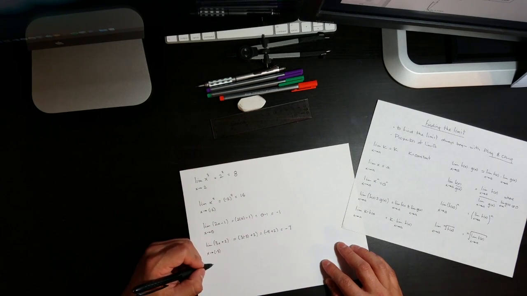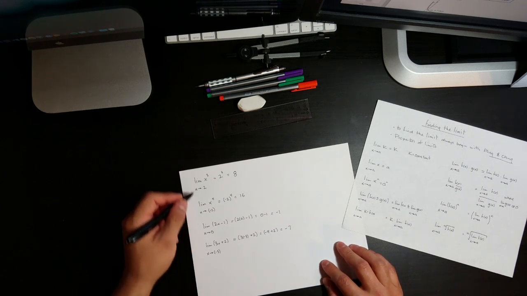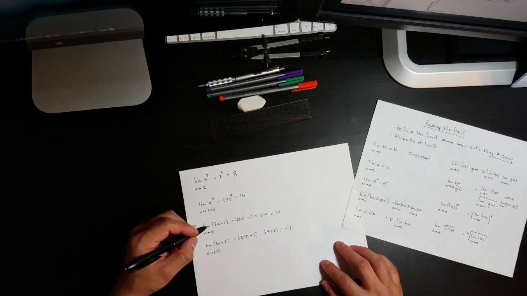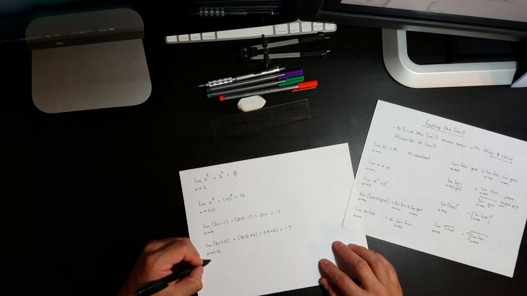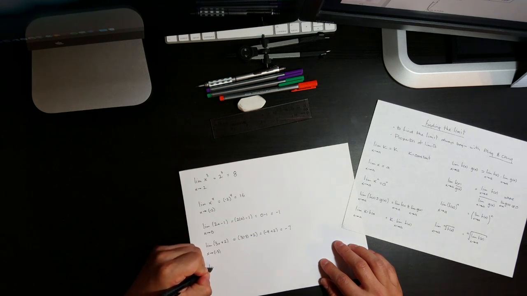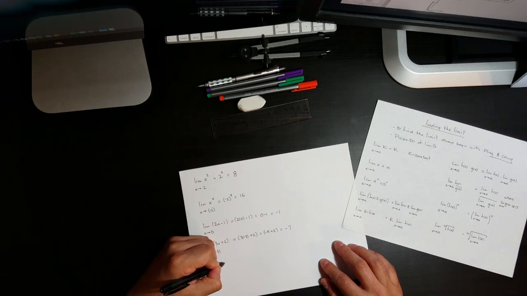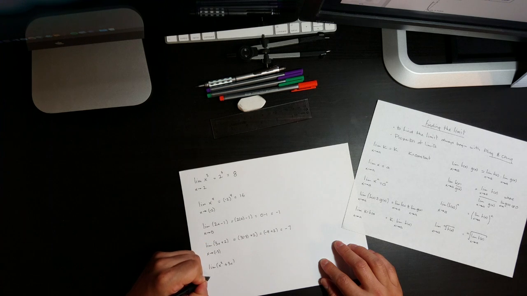We can do one more, and these are basically really simple examples of how to do plug and chug in limits. Let's do this one here. The limit of x squared plus 3x as x approaches negative 3.